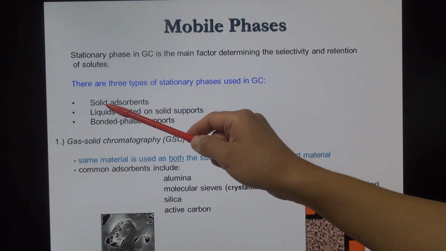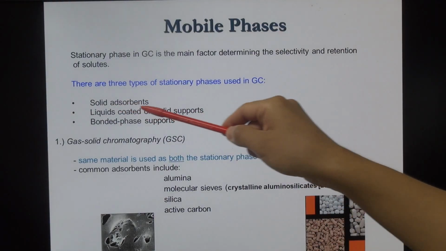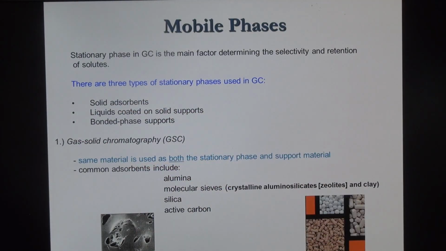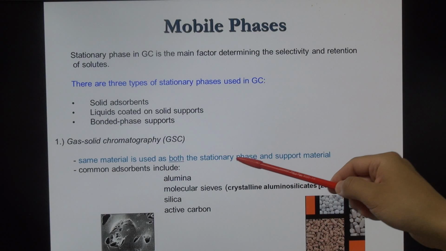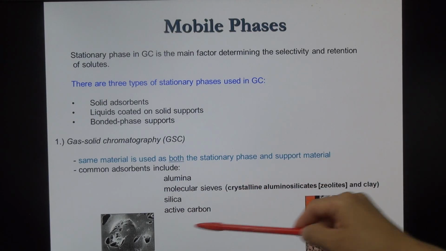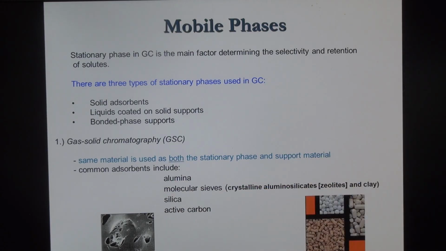If the stationary phases are solid adsorbents, we call it gas-solid chromatography, or GSC. The solid material is used as stationary phase and also as support material. We usually use materials such as alumina, molecular sieve, silica, or active carbon.